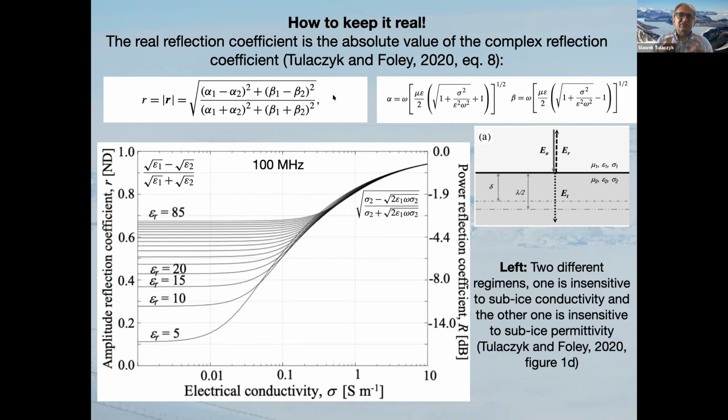The equations in this paper are based fully on the very old textbook by Stratton, 1941, in which he derives these reflection coefficients and states explicitly that his solutions work only if the material properties are real quantities.